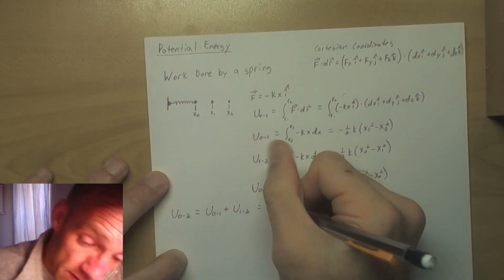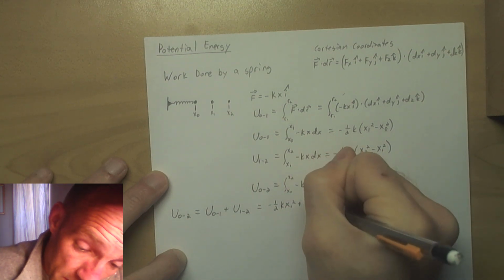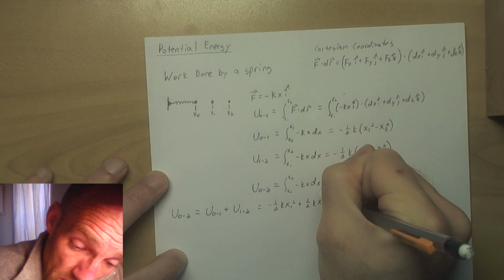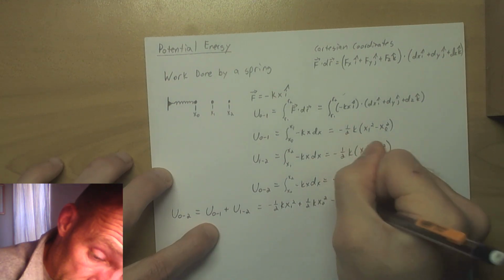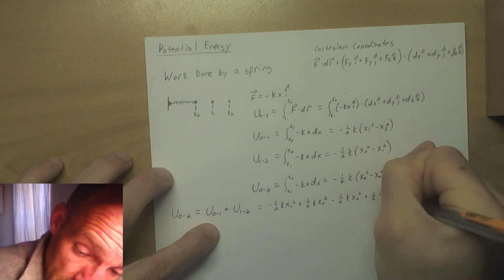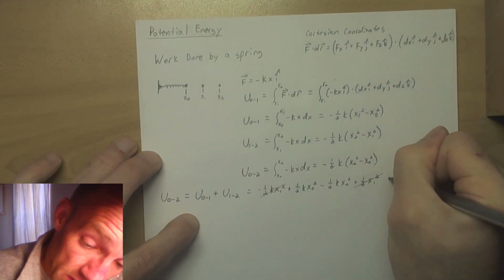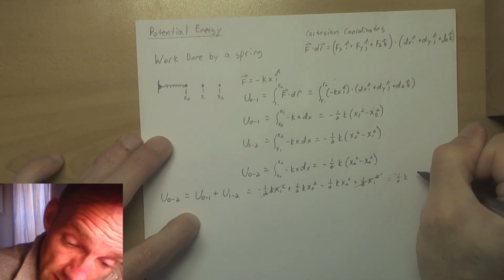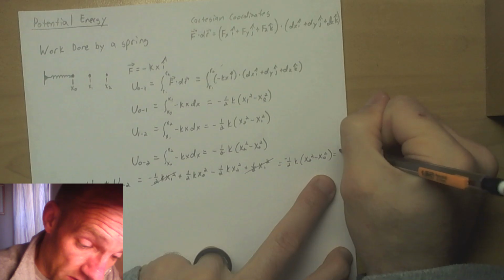Okay, and so u from 0 to 1, and these x1 terms cancel, and so we're left only with, which is u from 0 to 2.